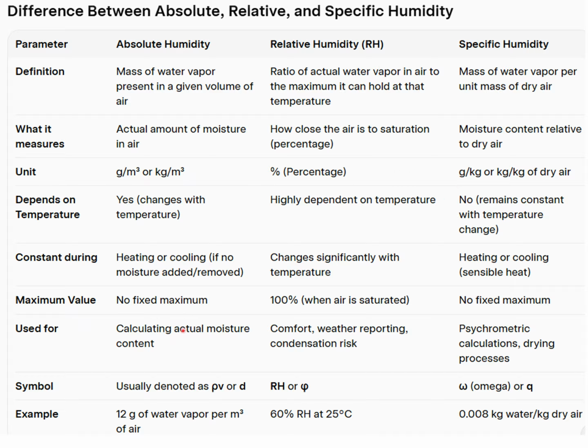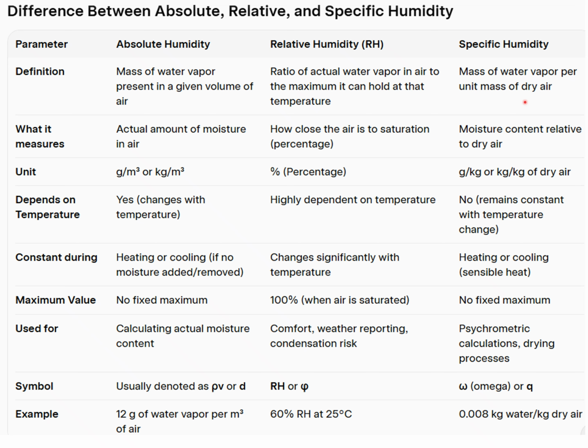Absolute humidity is used for calculating actual moisture content, because within a volume of air you can easily measure this. Relative humidity is used for comfort, weather reporting, or condensation risk. And specific humidity is used for the psychrometric chart. Absolute humidity is the mass of water vapor in a given volume; relative humidity is the ratio of actual water vapor to the maximum it can hold at the temperature; specific humidity is the mass of water vapor per unit mass of dry air.